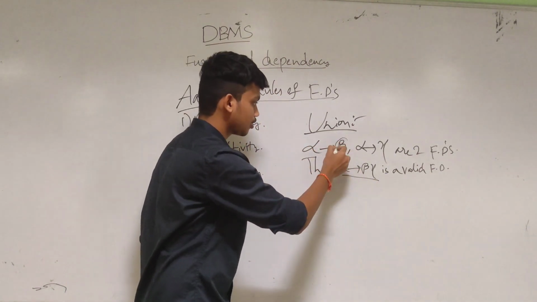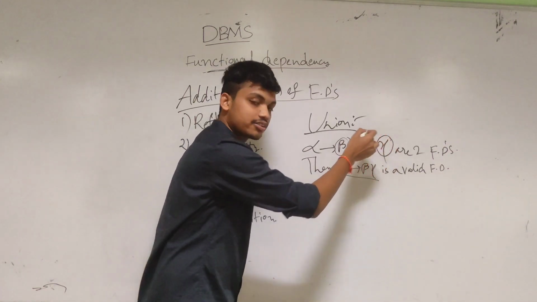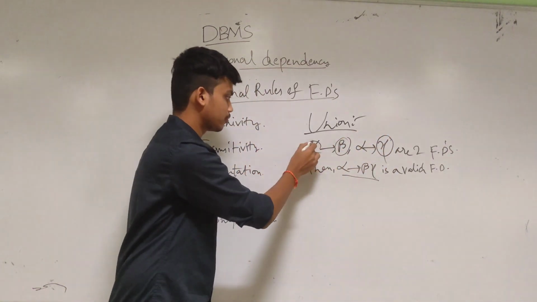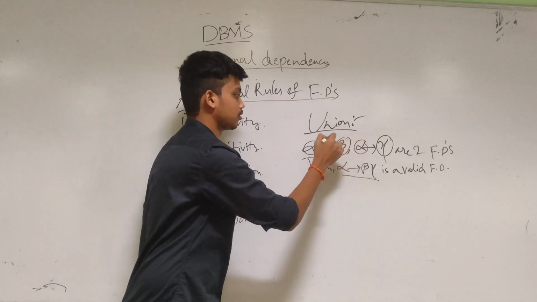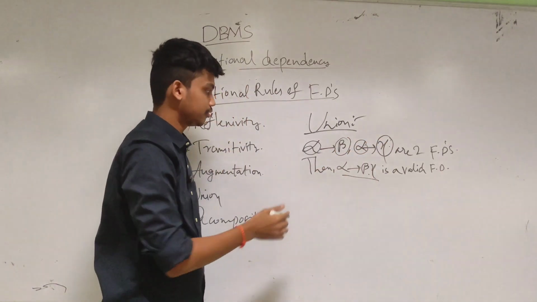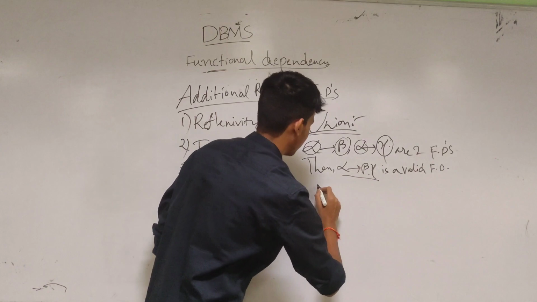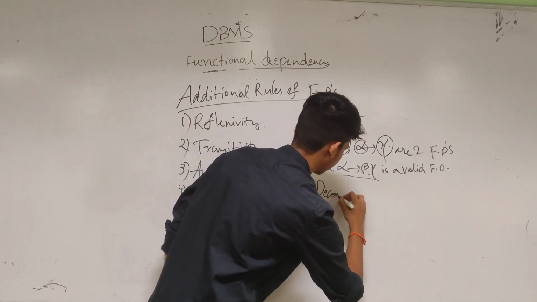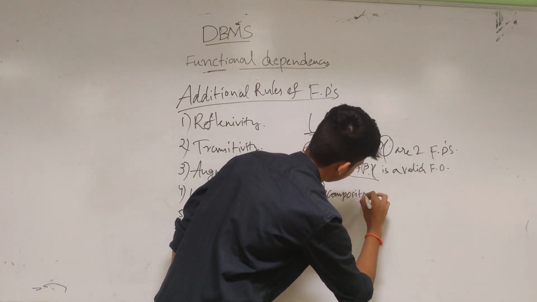We can join the attributes on the RHS of functional dependencies which have the same attribute on the LHS. Beta gamma can be joined. This is union.